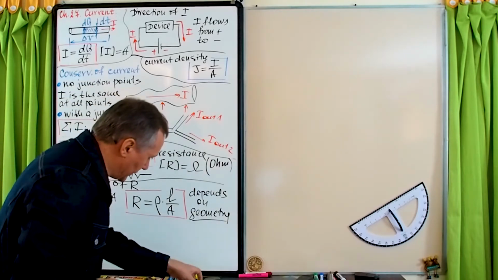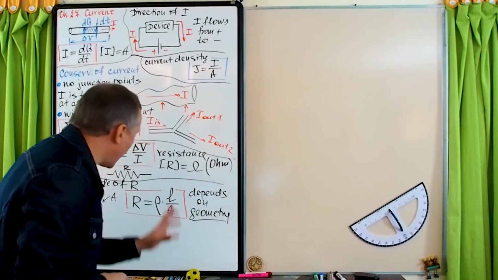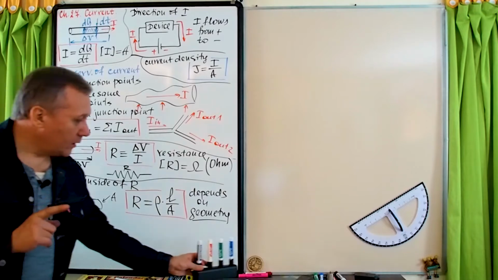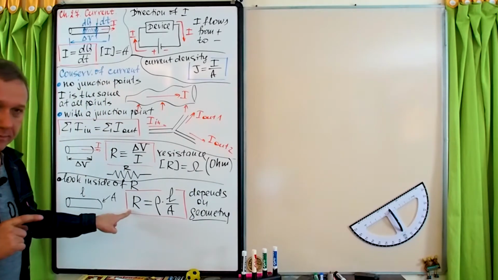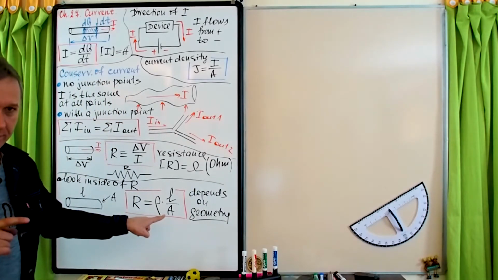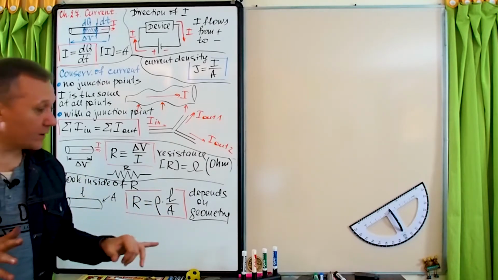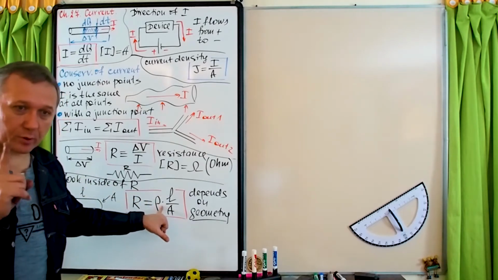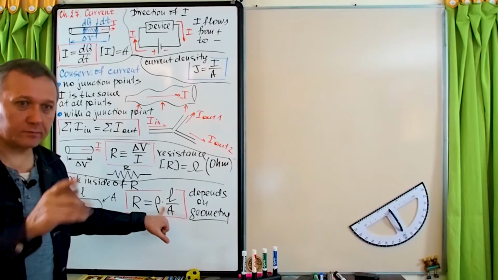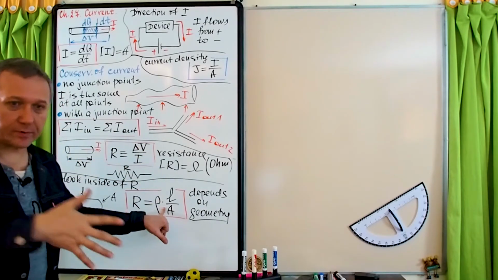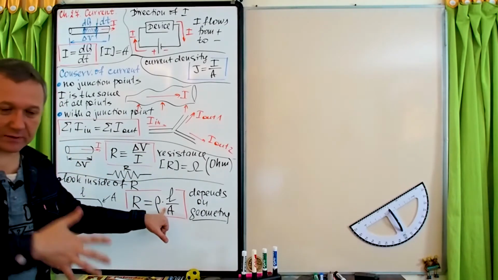All right, so what else should I mention? Resistance, resistivity. They are not the same, of course. Resistivity, rho, is a property of a material. Gold, resistivity. Copper, resistivity. Aluminum, resistivity. Silver, resistivity.